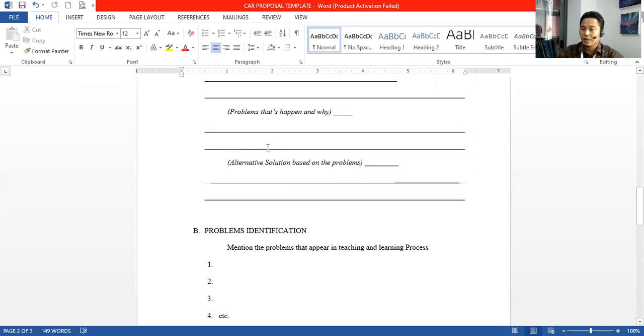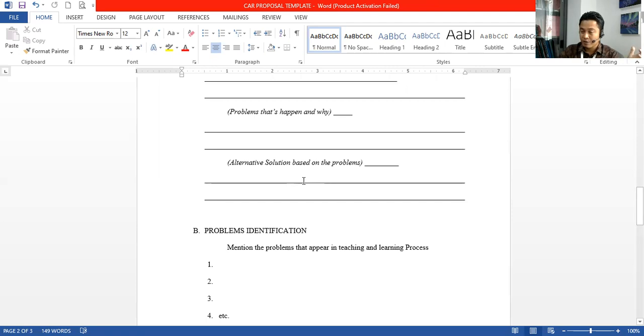You have already elaborated and explained all the problems that the student and the teacher face while teaching and learning, especially in speaking skill. You're going to put here what kind of alternative solutions. Based on our previous meeting, some of you only mentioned several techniques that are not relevant to the problems.